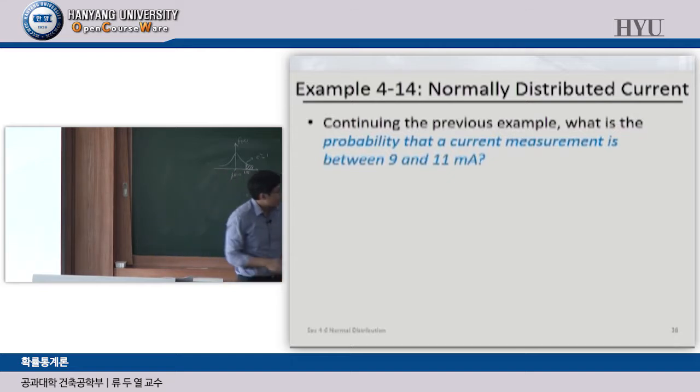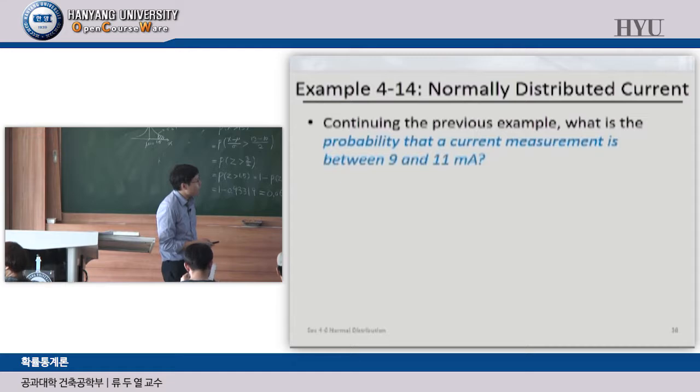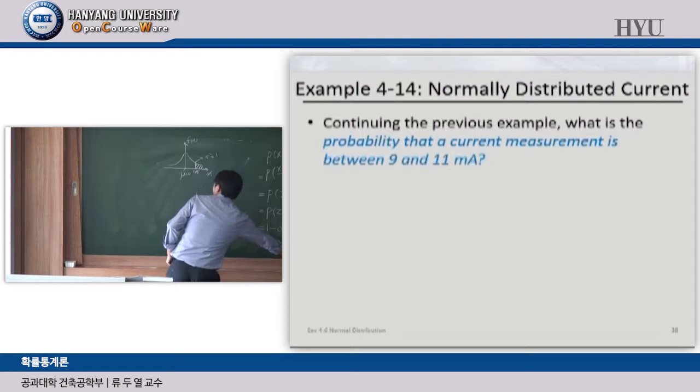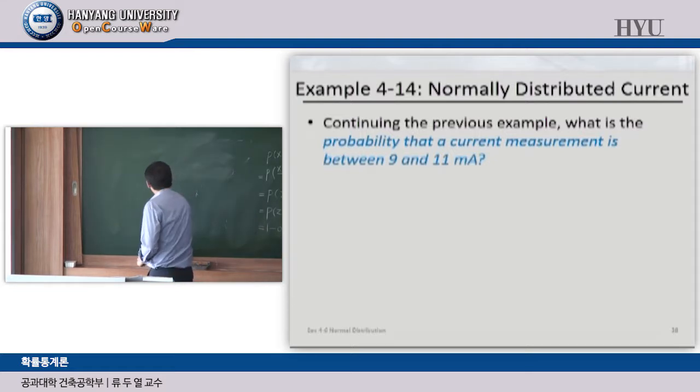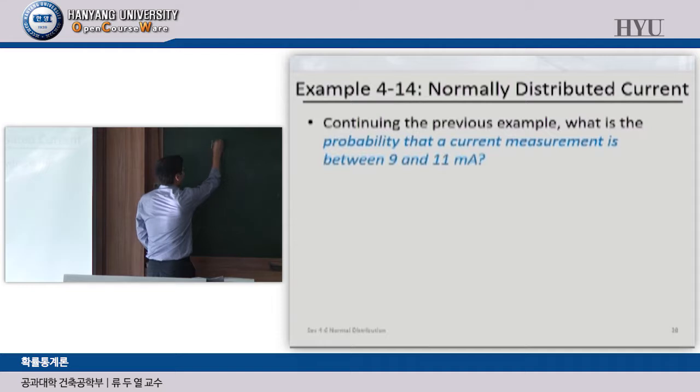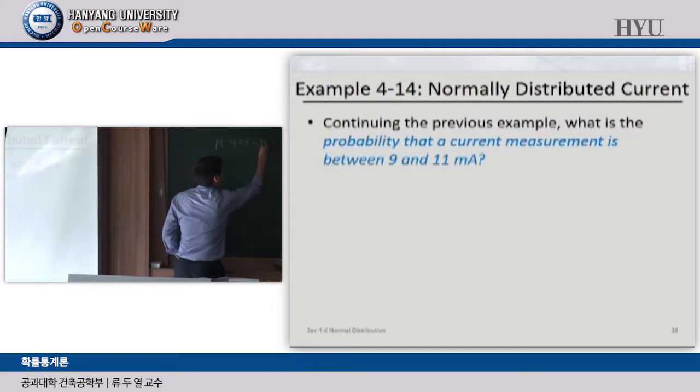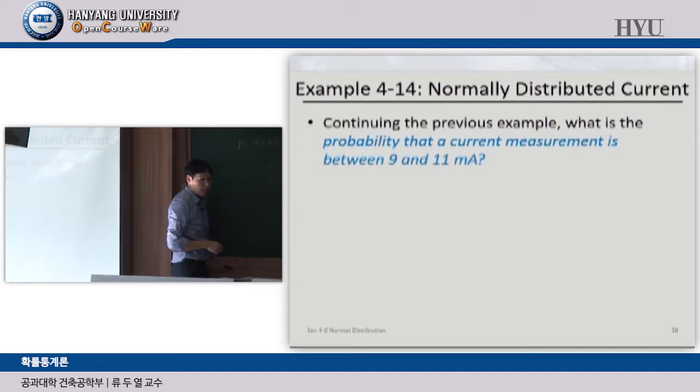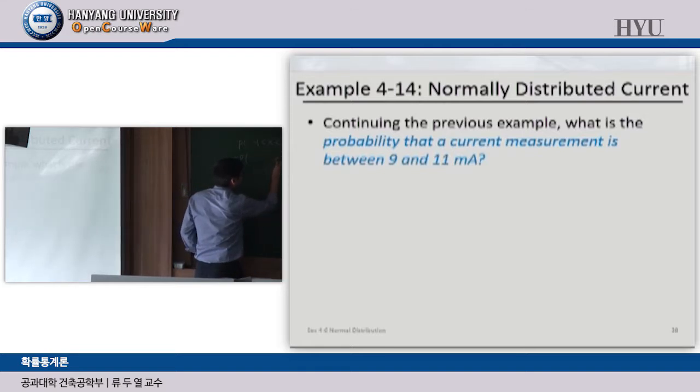Continuing the previous example, what is the probability that the current measurement is between 9 and 11 milliamperes? In this case, we have to calculate the probability of X when X is between 9 and 11 milliamperes. This also can be changed to the standard normal random variable between (9 minus 10) over 2 and (11 minus 10) over 2.